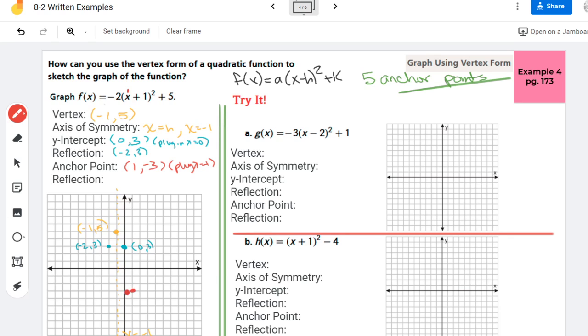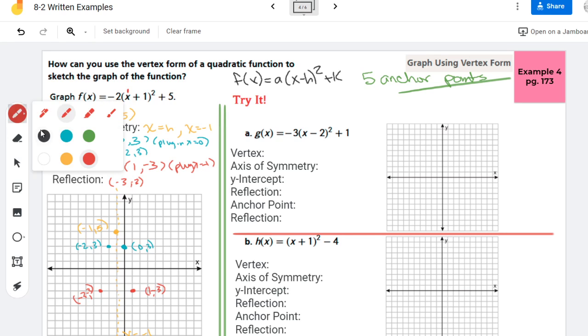And so again, I can do a reflection. That red point at 1, -3 is 2 units away from our axis of symmetry. So if I go 2 units the other way to -3, I get my other anchor point. And so now we can go ahead and draw our nice curve.